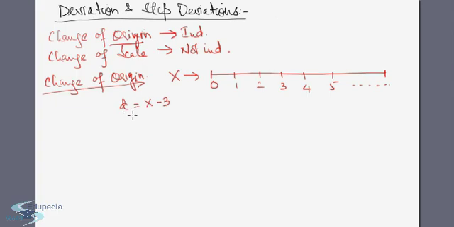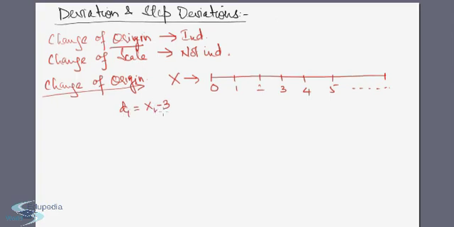Here, when we subtract the values of x by a certain constant value, I'll be getting d. So what will be the equivalent value of d here? When x is 0, my d will be equal to 0 minus 3 equals minus 3. So d would be minus 3 here. Here in place of 1 it will be minus 2, minus 1, 0, 1, 2 and so on.